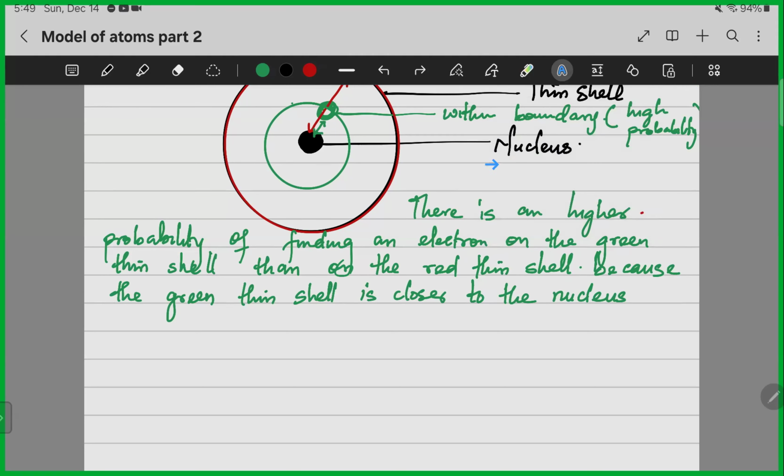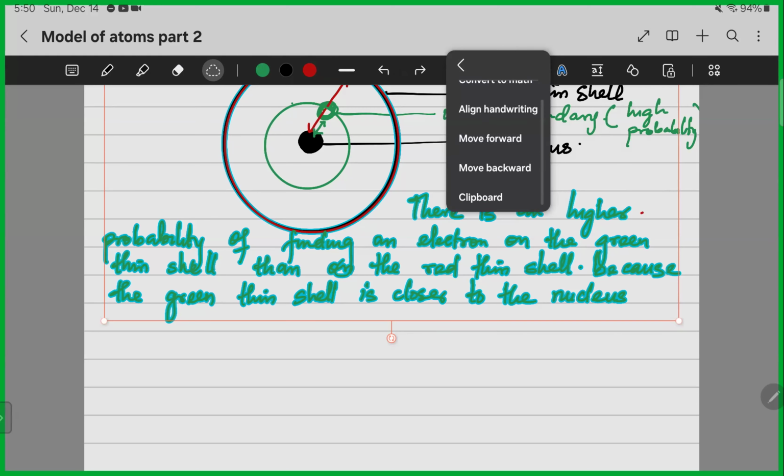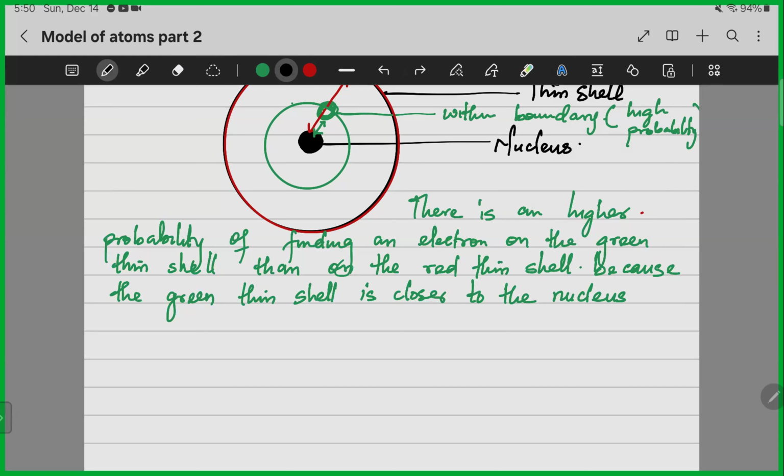Okay, let me try one last time. I can't make this text black. I want to make it black so that I can easily see it. Okay, it's fine. I couldn't do that.